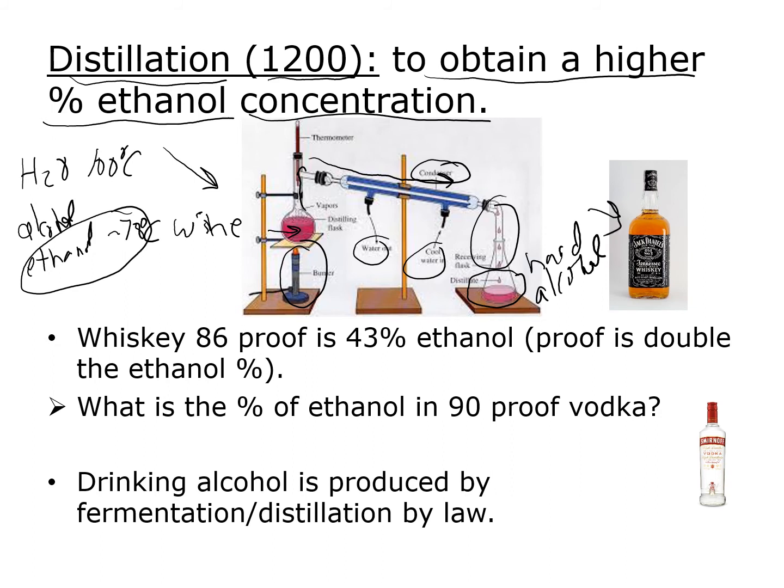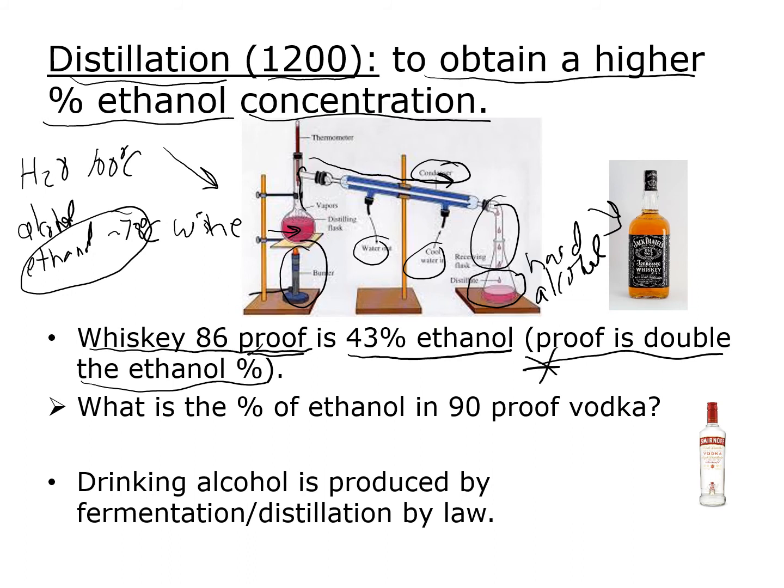Your hard alcohols are usually labeled as proof to tell you the percent of alcohol in the hard alcohol. Proof is double the ethanol percent. So whiskey that is 86 proof means it's half of that amount alcohol, so it'd be 43% alcohol. I do want you to know the definition of proof.